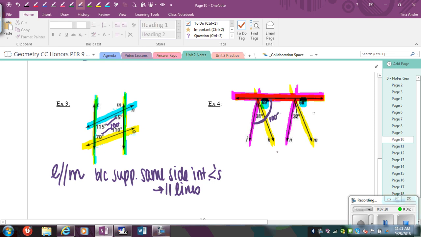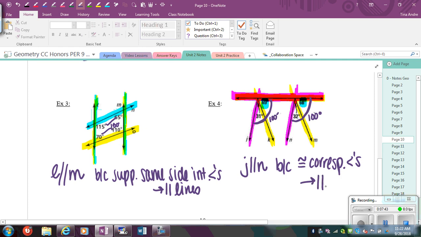If I compare that to this entire angle here, 68 plus 32, now I have 100. So I have corresponding angles that are congruent, which means J and N have to be parallel. This is because congruent corresponding angles imply parallel lines.